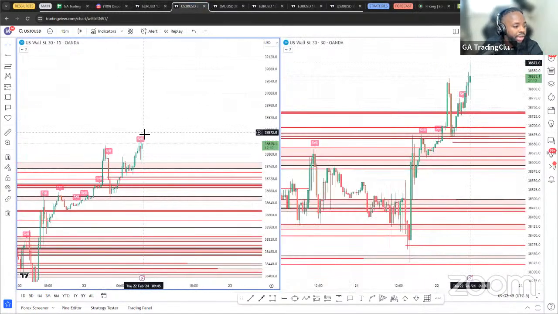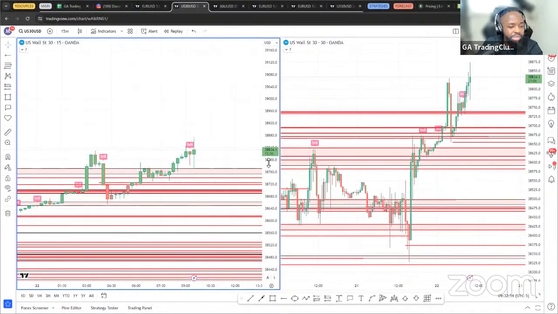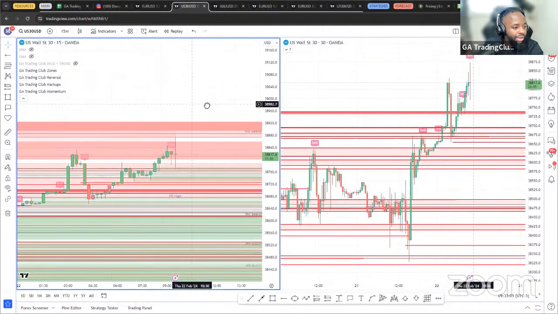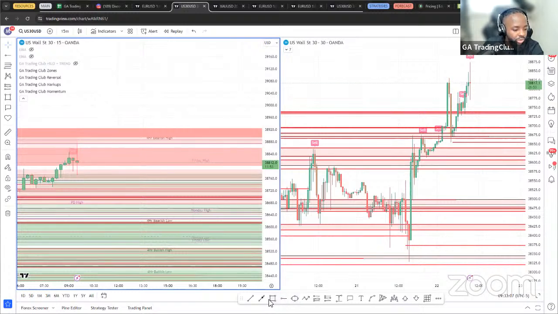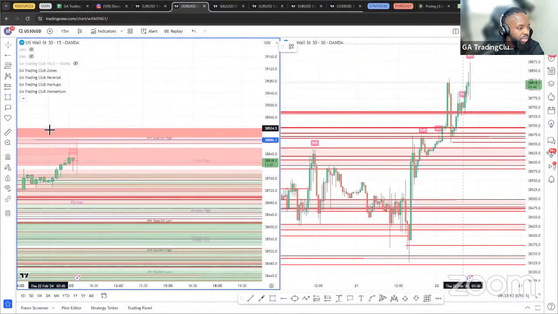Looking at what we have here for US 30, we really don't have any SAR zones based off of where price is. But if we turn on the zones indicator, you can see we are in a supply region. And also we have a 4-hour bearish high here. So US 30 just tapped the 4-hour bearish high. And we also have a supply zone here. So let me just mark this as well.